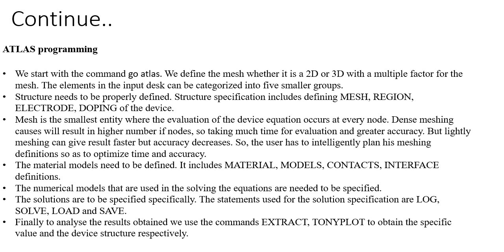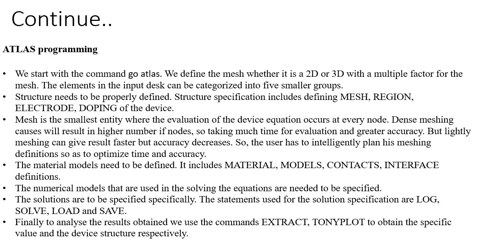Now, Atlas programming. We have to do the programming in Atlas. First of all, we write the command go atlas, and then we define whether you want a 2D mesh or 3D mesh structure. After that, the structure needs to be properly defined. Structure specification includes meshing, region, electrode, and doping of the device.